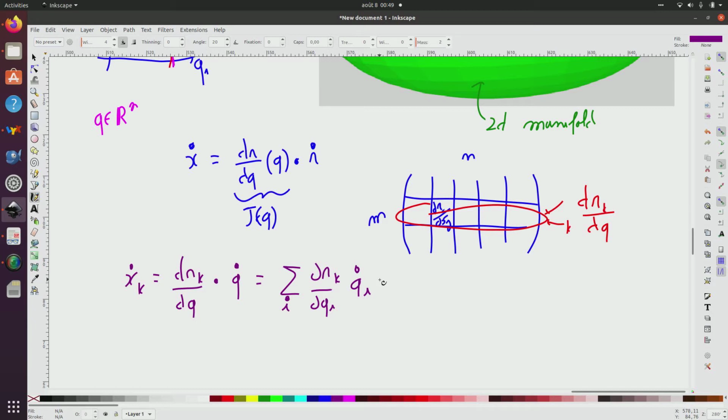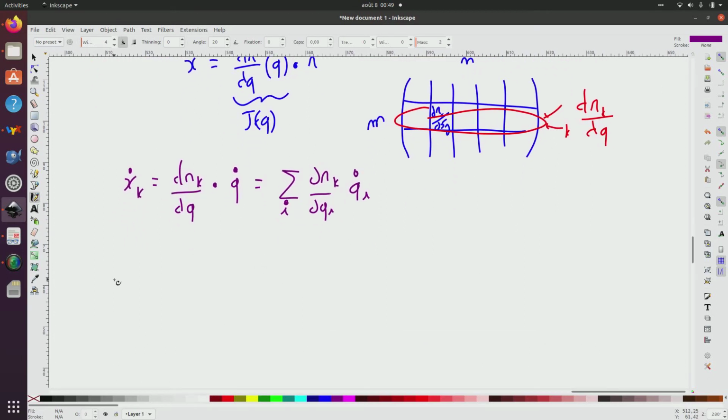So the question I had in this first question was to compute the acceleration. So for the acceleration, I need to take this one and differentiate once more. So this will be a component of x double dot, this vector, and I want to characterize this one with respect to q, q dot, and q double dot.